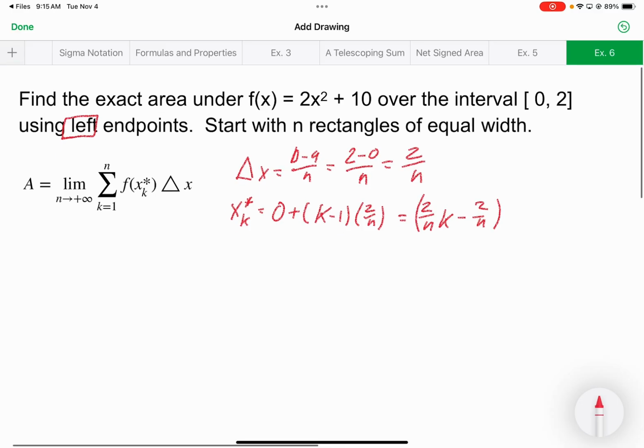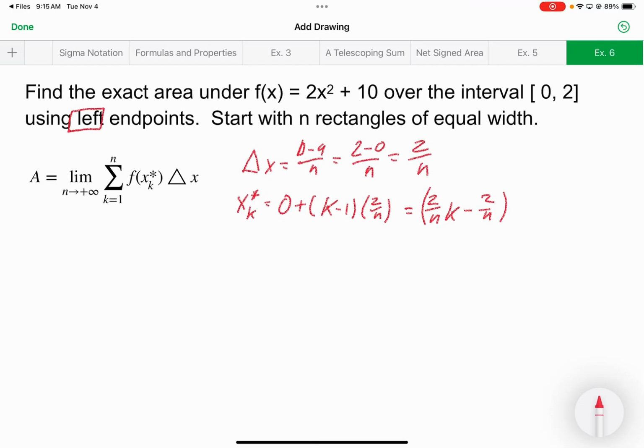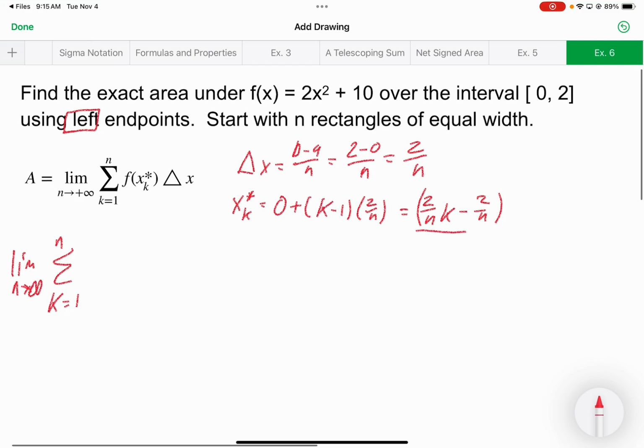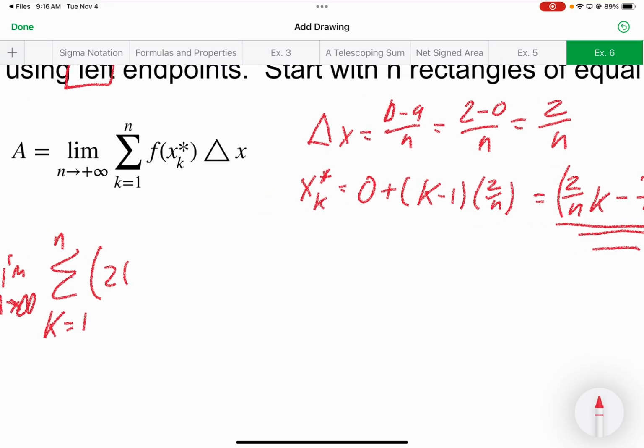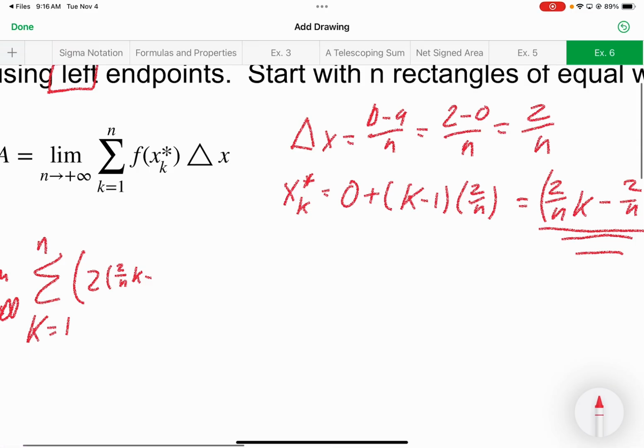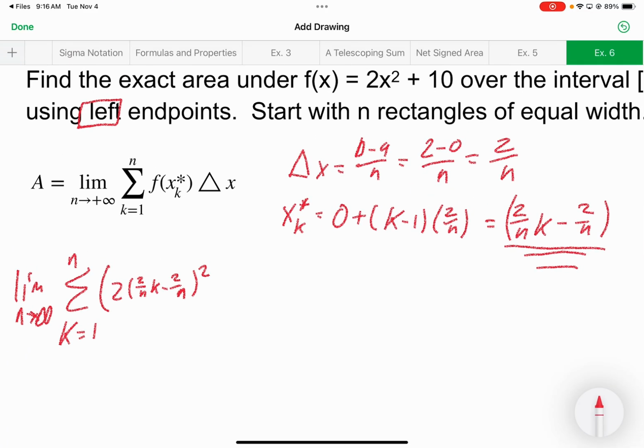And then now let's actually write our sum. So limit as n goes to infinity, sum of k equals 1 to n of f of this expression which we just found. Okay, so f is going to be 2 times 2 over n k minus 2 over n, quantity squared, so we're going to have to square that out.